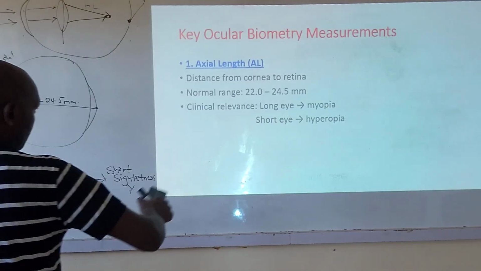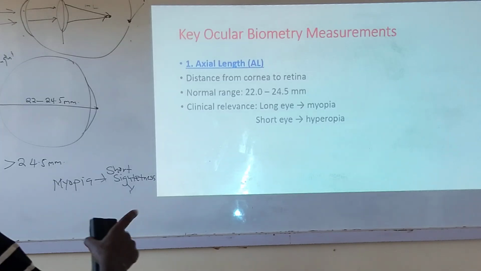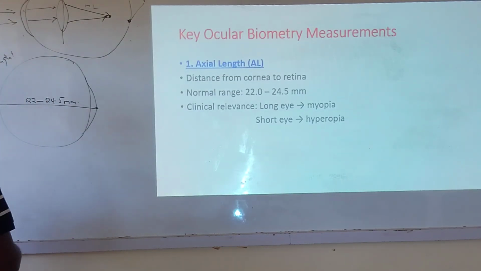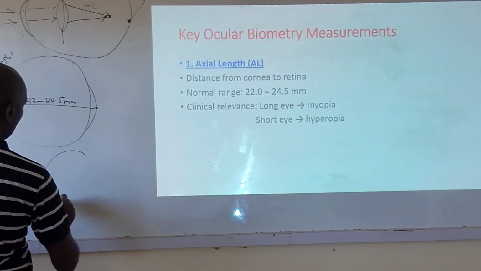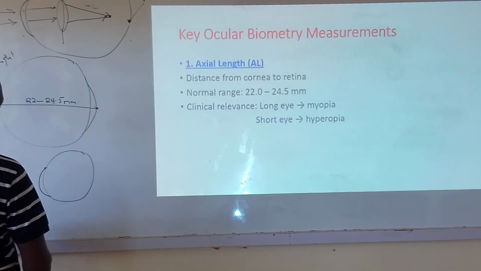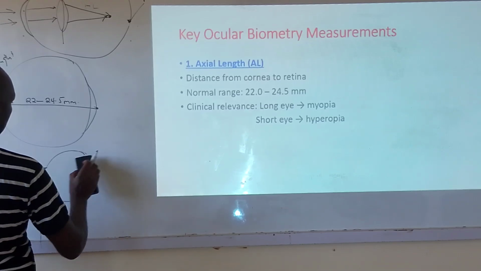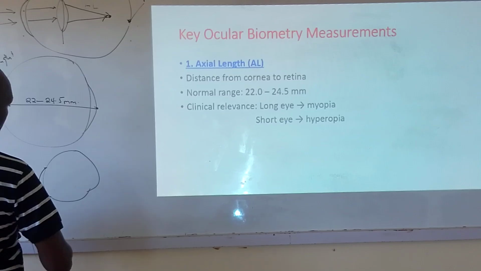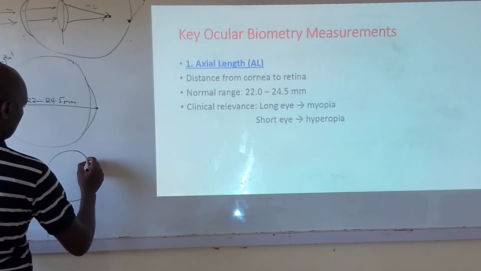And when you have a short eyeball, what happens? You realize that in this case, when the eye is small, like this, and this is your cornea here, let me just draw it a little bit better.